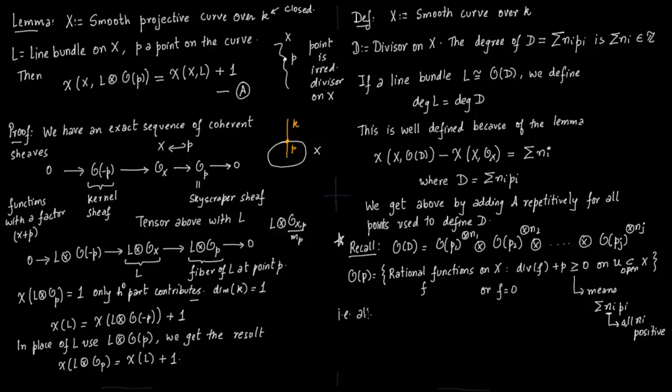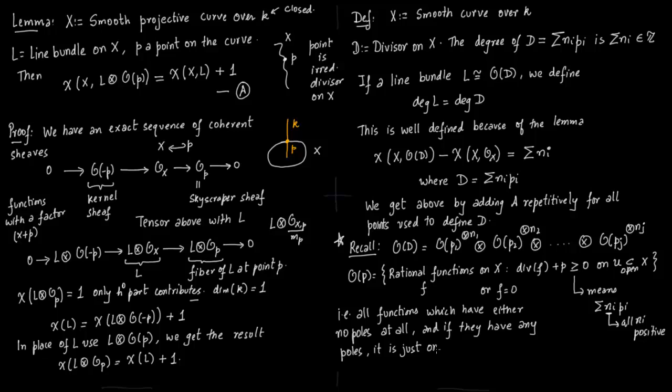Now what does this mean in plain English? It means all functions which have either no poles at all, because we are adding 1 times P and having the greater or equal to 0 sign, and if they have any poles, there is just one pole at P. So if they have no poles, everything is hunky-dory, it is anyway greater or equal to 0.